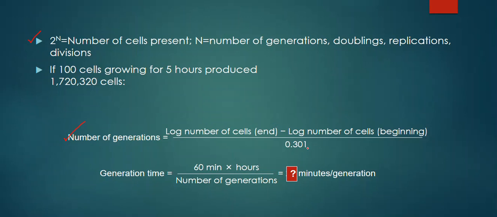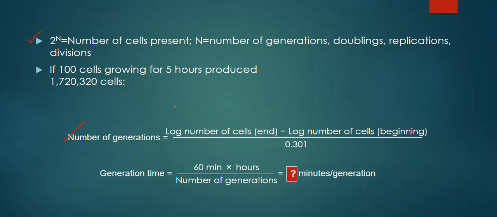You remember in math that whatever units you have on the top in the numerator need to also match in the denominator. So we're using the log of the cells at the end, and in this case that was 1,720,320 cells. And the number of cells at the beginning, we started off with 100 cells.